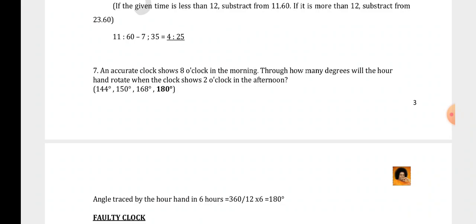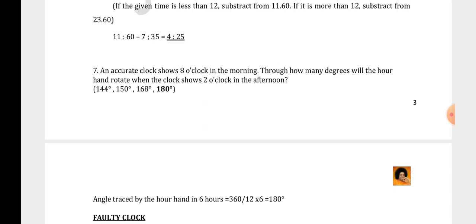Meaning, how much change from 8 o'clock to 2 o'clock? The options given are 144 degree, 150 degree, 168 degree, 180 degree.